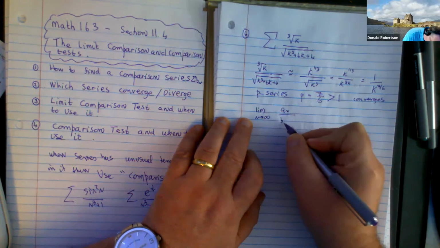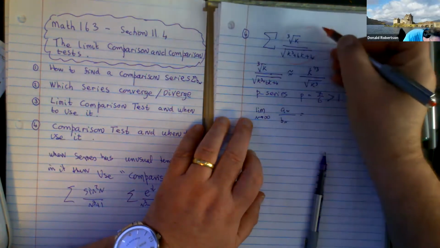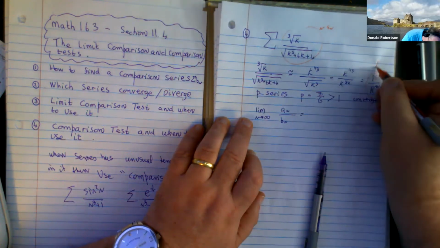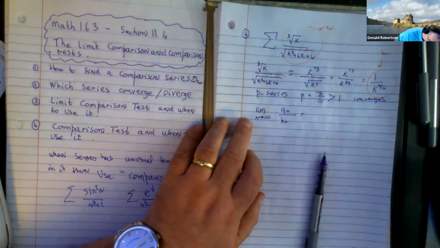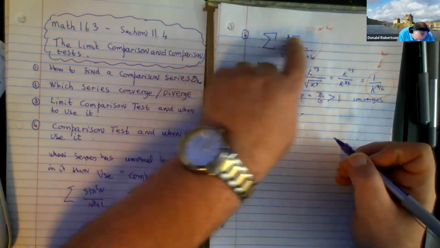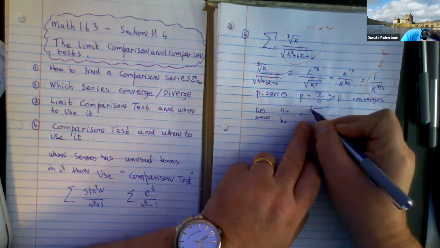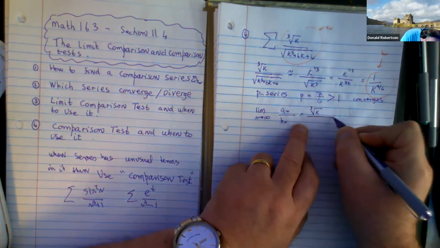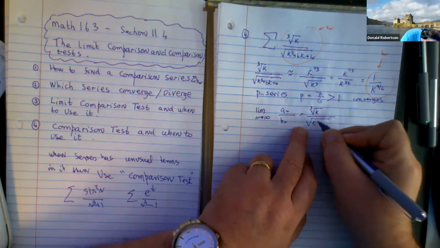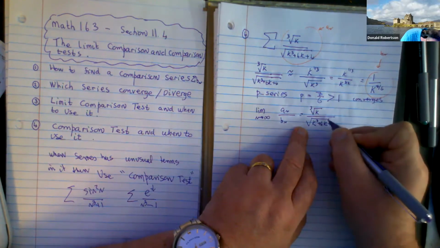So here goes. I now have to find the limit as n tends to infinity of an, which is the original, divided by bn. So that's an. And that's the comparison. So this ugly mess, right, and it truly is an ugly mess, is going to be the cube root of k all over the square root of this guy plus this guy plus 4.